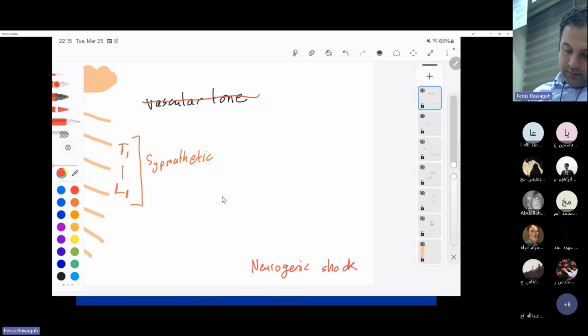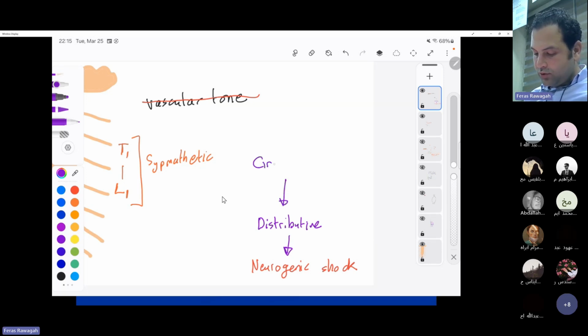Neurogenic shock is a subtype of distributive shock. And distributive shock is a subtype of circulatory shock.